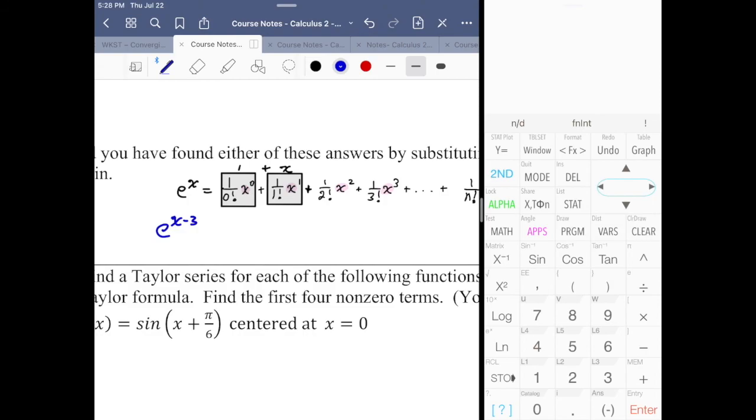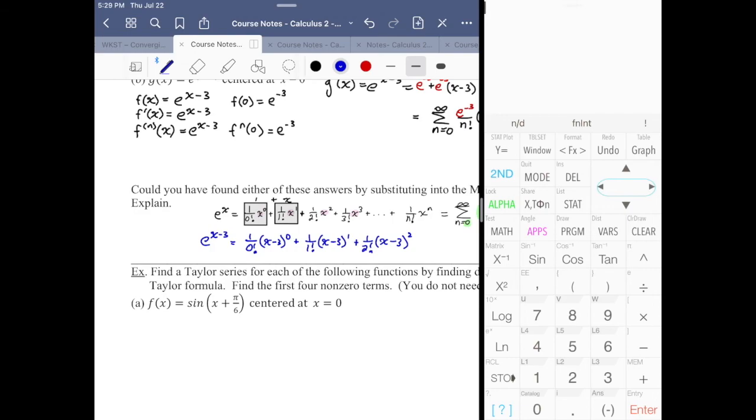So e to the x minus 3 would serve to replace every one of these x's with an x minus 3. So I'd be looking at 1 over 0 factorial x minus 3 to the 0th plus 1 over 1 factorial x minus 3 to the 1st plus 1 over 2 factorial, and so on.